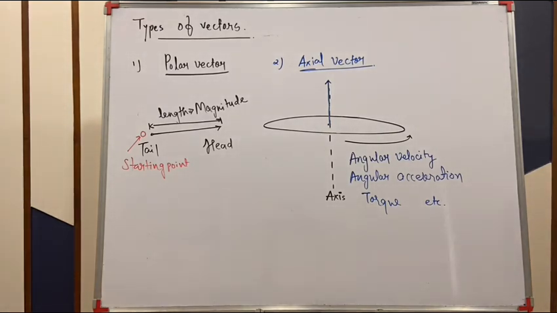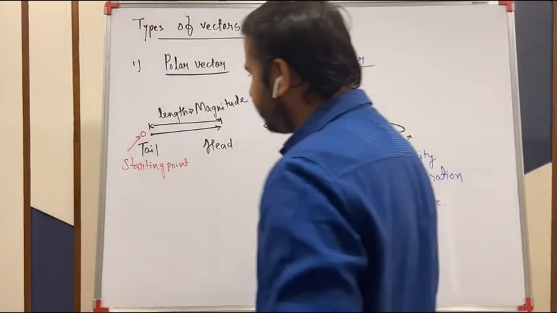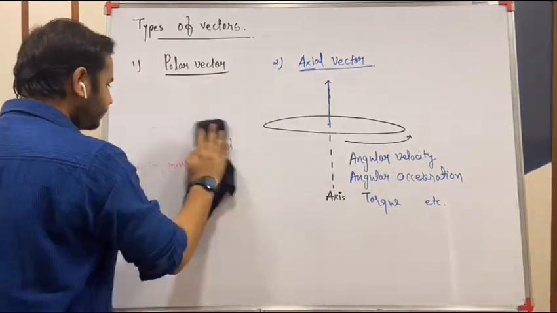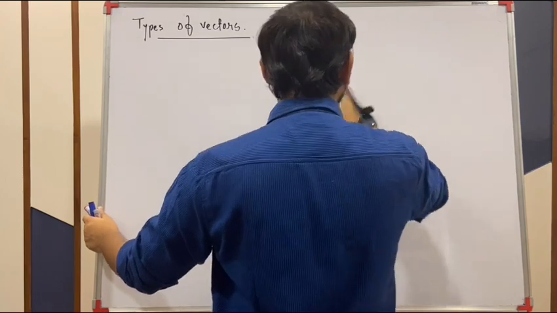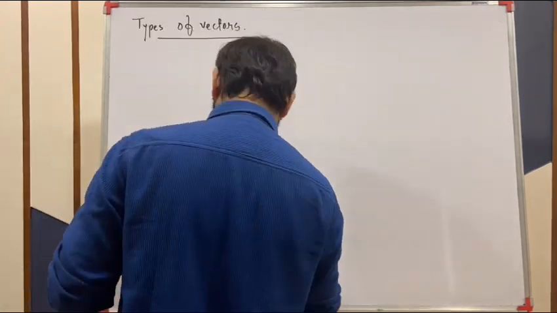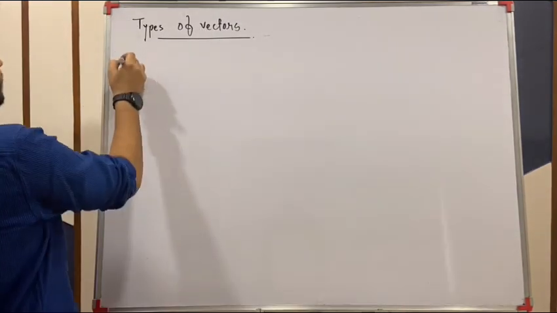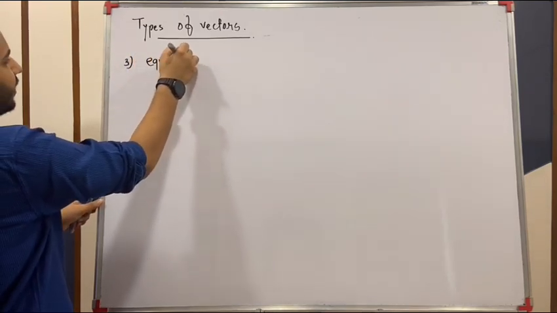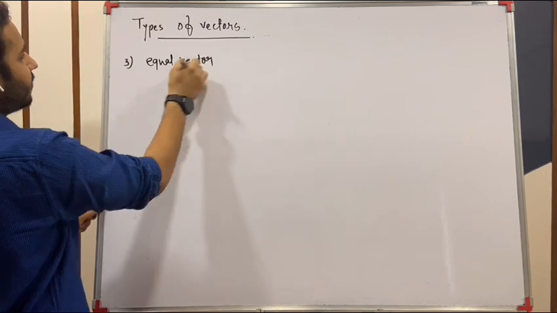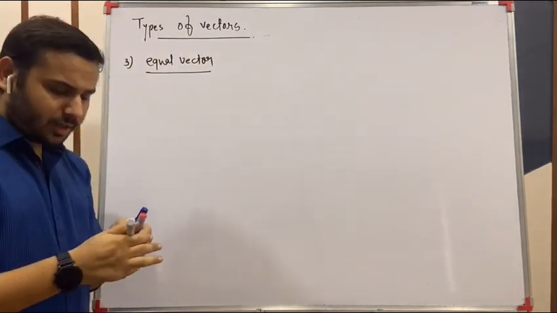Now, next. Third is equal vector. What is an equal vector?